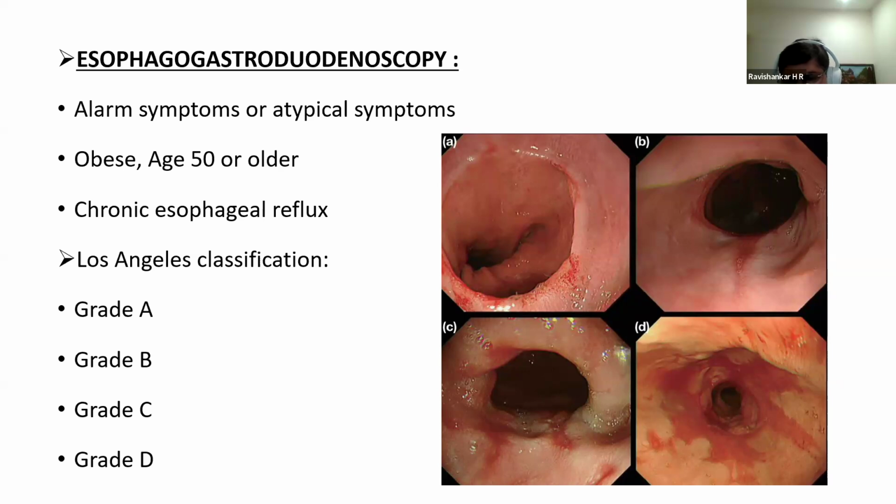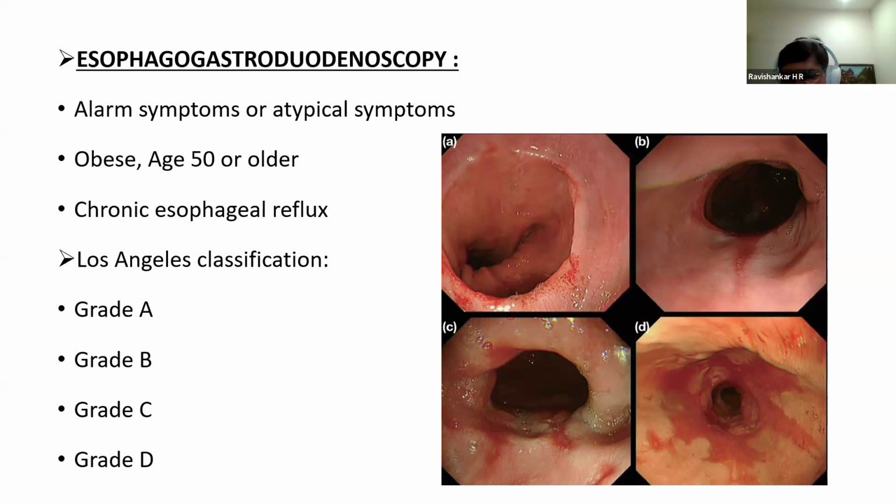So you can empirically treat it for a week or so and then stop it. Once the offending agent is stopped, the symptoms will come down. So whenever there is some trigger for their symptoms, you can give them empiric therapy for a short period, which should not last more than a week, and then re-evaluate the patient.